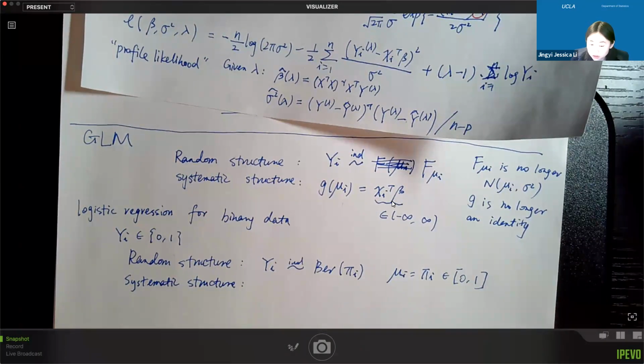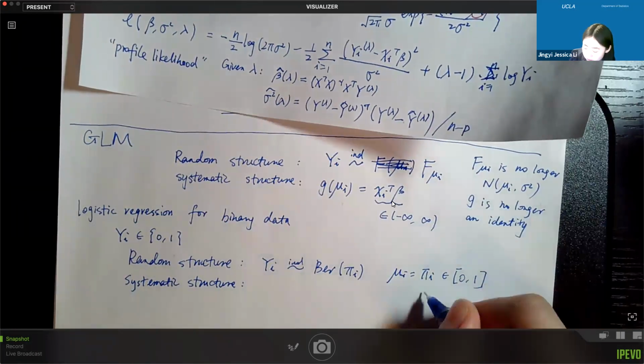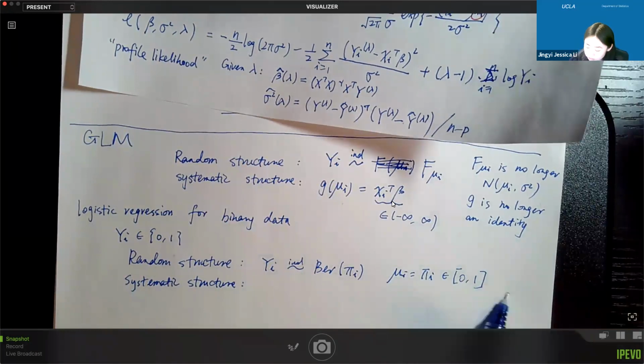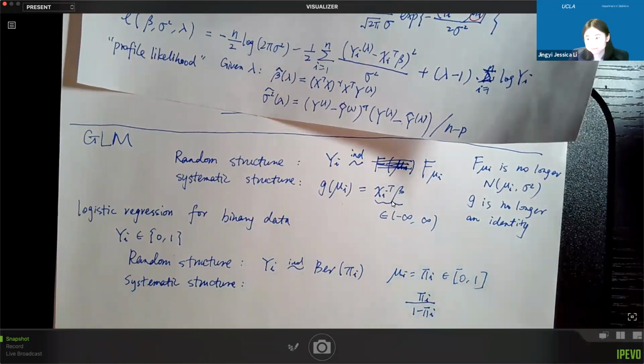Okay, so probably let's start from here. So this one is not good, right? But what if we consider pi I over 1 minus pi I? This one is actually better.